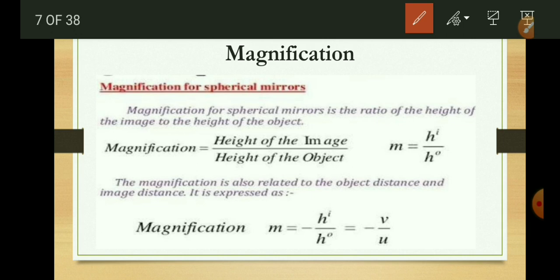The height of the image should be taken as positive for a virtual image, while it is to be taken as negative for a real image. A negative sign in the value of magnification indicates that the image is real. So whenever m is any negative value, that means the image is a real image. A positive sign in the value of magnification indicates that the image is virtual.